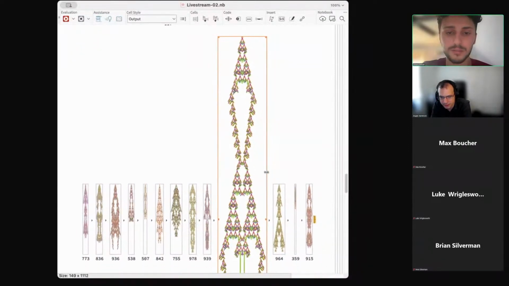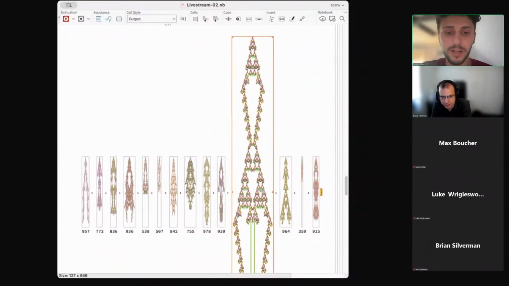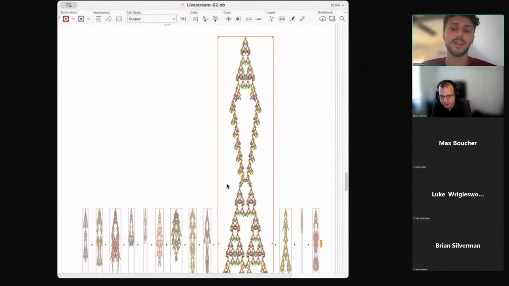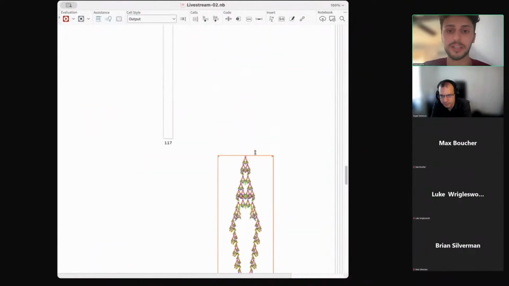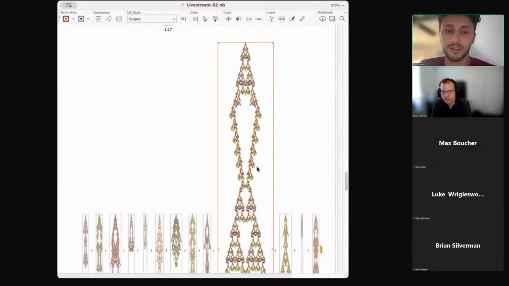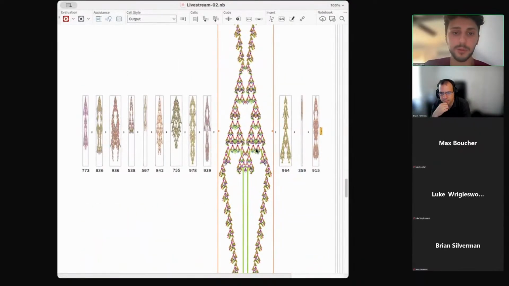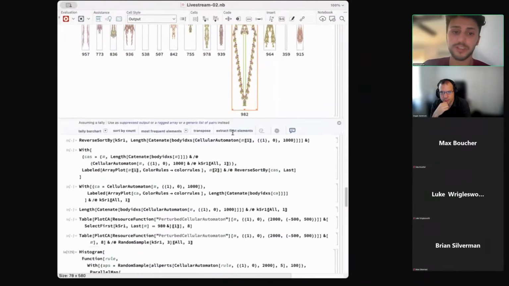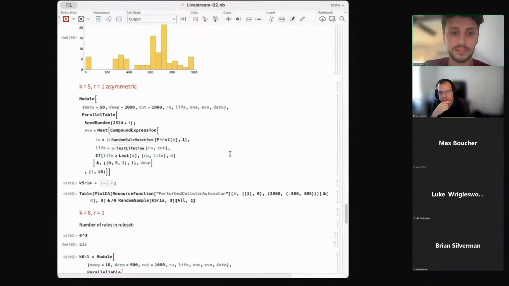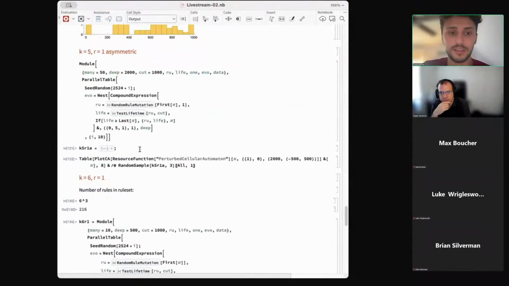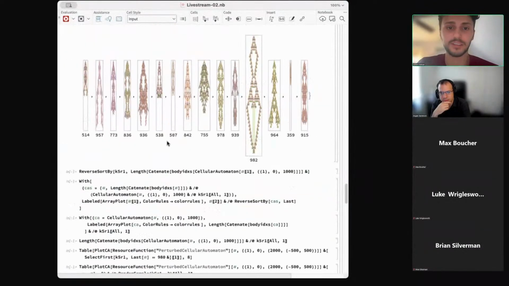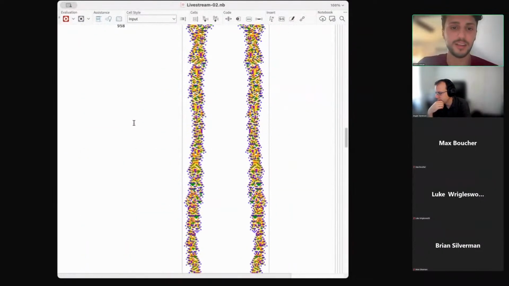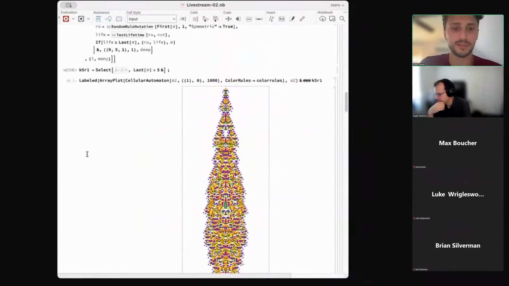Another interesting thing is that these are symmetric, and they tend to have, as you're pointing out, more repetition in their pattern than asymmetric rules. Here, I'll plot the asymmetric ones, and you can see that they look a little less biological.